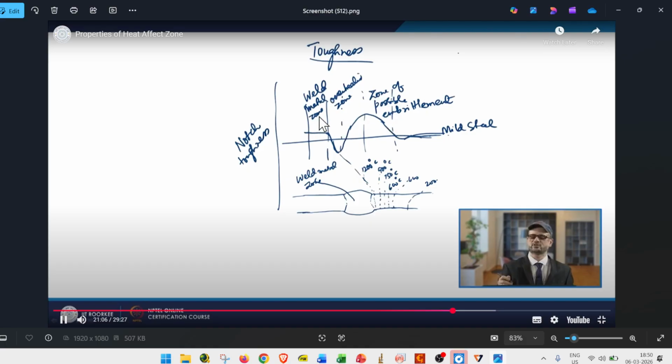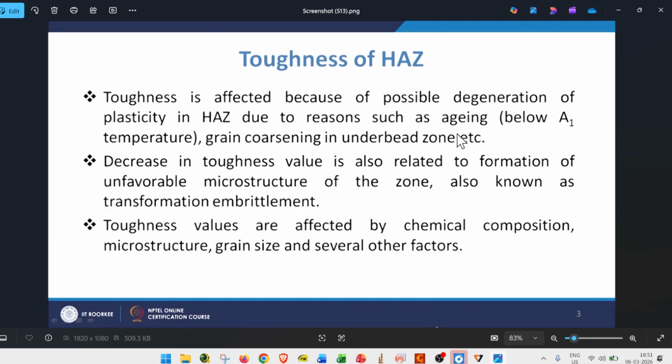Here is the weld fusion zone. Here the toughness starts to reduce because of the grain coarsening. Then after recrystallization and the partially transformed region and tempered region, the toughness increases. Then it reaches conditions similar to the base material. Okay.